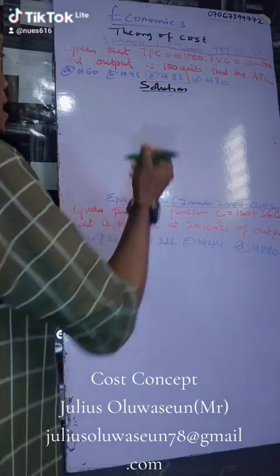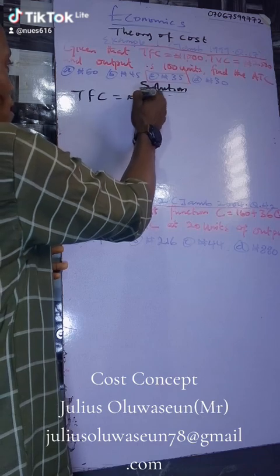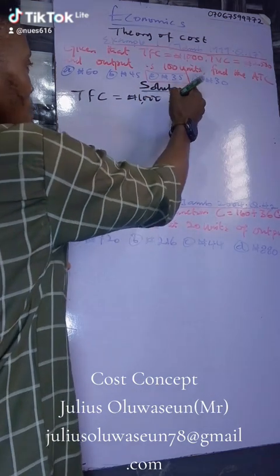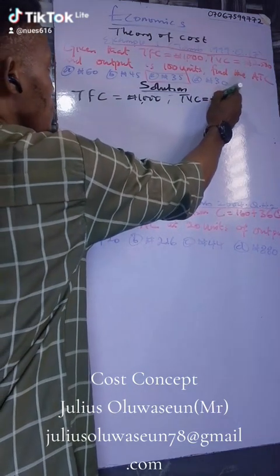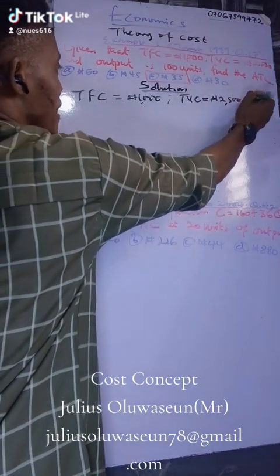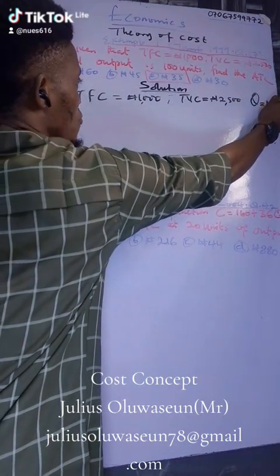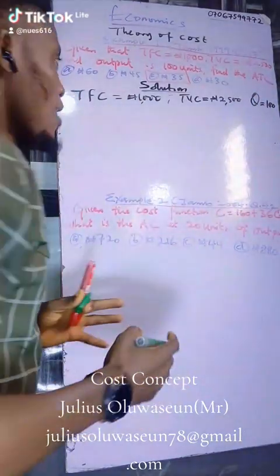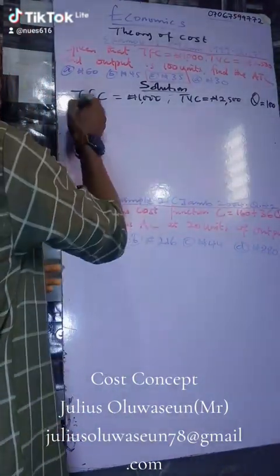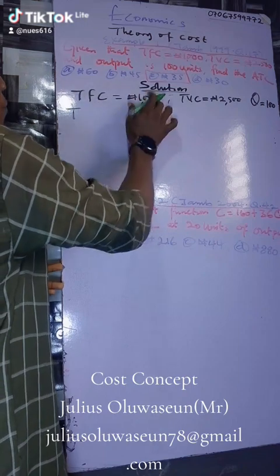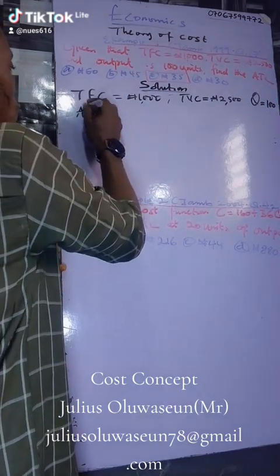Is that taken? Now here we go. We have our total fixed cost as 1,000 naira, our total variable cost as 2,500 naira, and our Q for output, which is 100 units. We are asked to look for our average total cost.